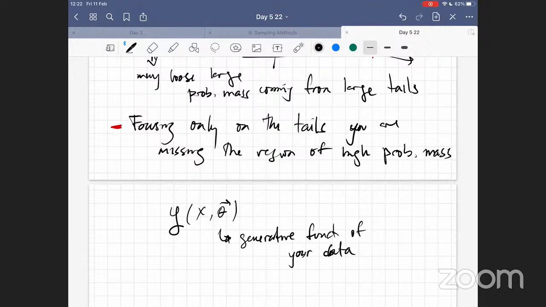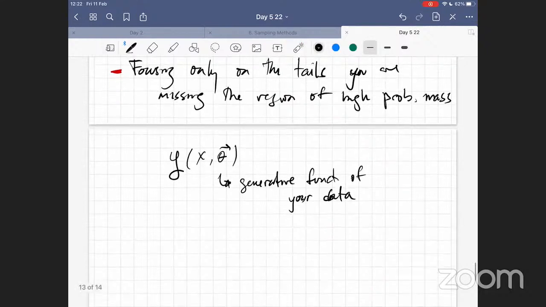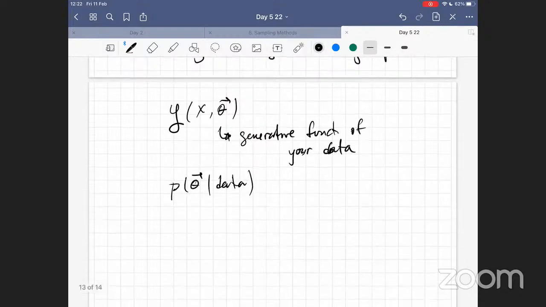Okay, let's say you have some data and then you want to find what is the generative function of that. So the way to go in Bayesian inference is to build first or estimate first the posterior distribution, and then try to estimate what are the predictions based on this posterior distribution.